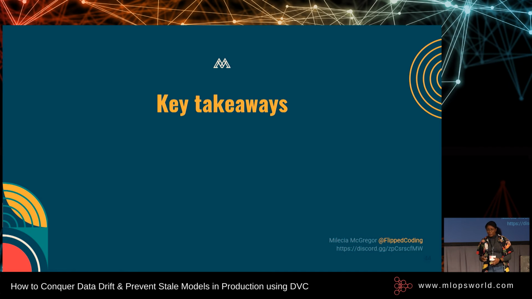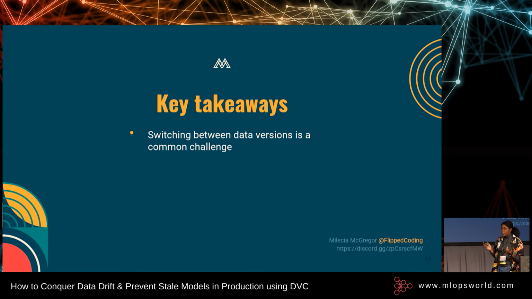So with that being said, really, really fast, let's wrap up with some key takeaways. So the first thing, we all know that switching between data versions is a super common challenge. Like, I'm pretty sure some of y'all saw the Google Drive folders and immediately thought about what you do. So you don't have to do that. Just try out some of these open source tools, some of the tools that are around here.